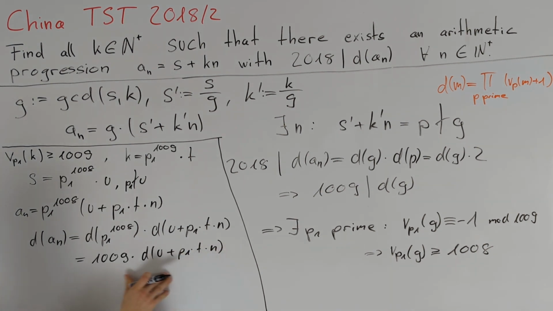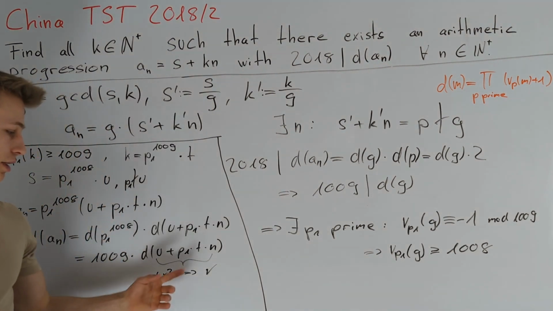To conclude that this product is divisible by 2018, it's only left to prove that this second factor is divisible by 2. This is equivalent to the fact that this term is never a perfect square. So if we can prove that this is not equal to a perfect square, then we would be done.